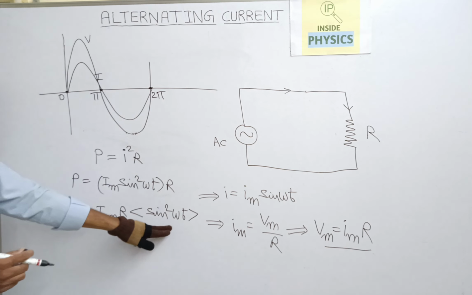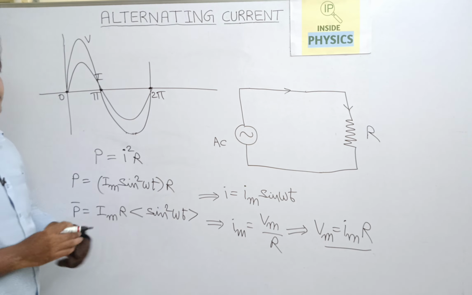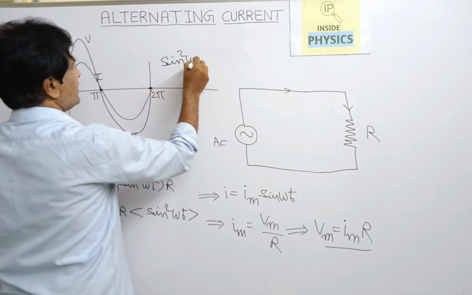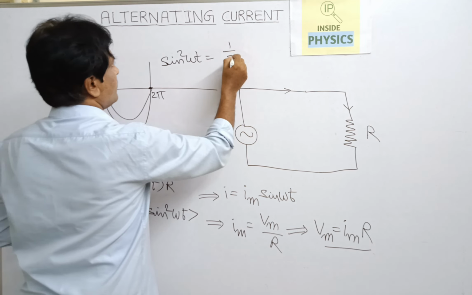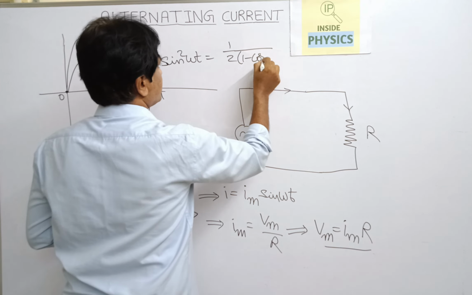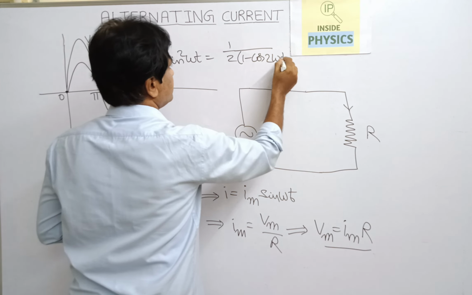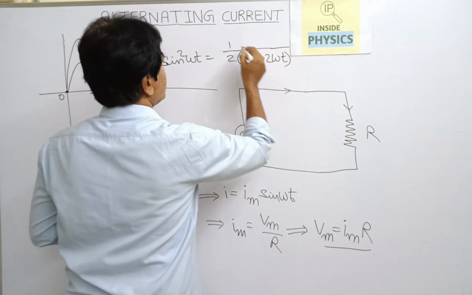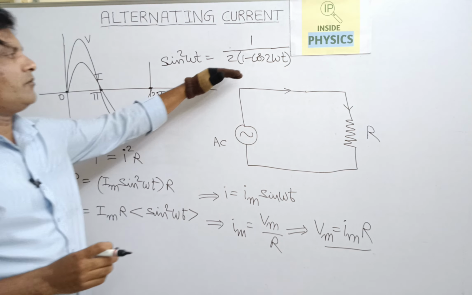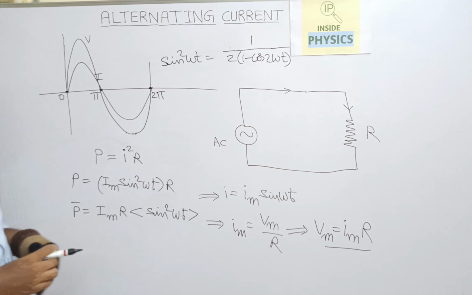There will be some variables here, and for a variable like sine squared omega t we take the average value. So how to take this average value? We know that sine squared omega t is equal to 1 by 2 into 1 minus cos 2 omega t. This we know from trigonometric functions.